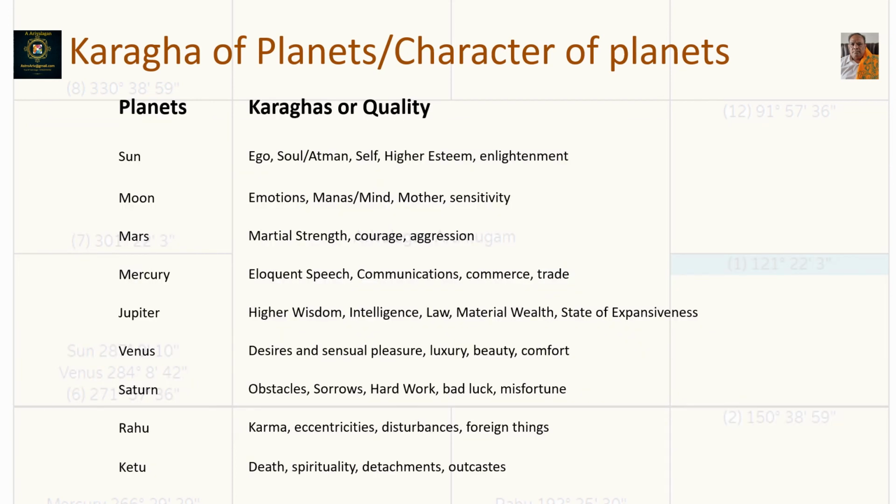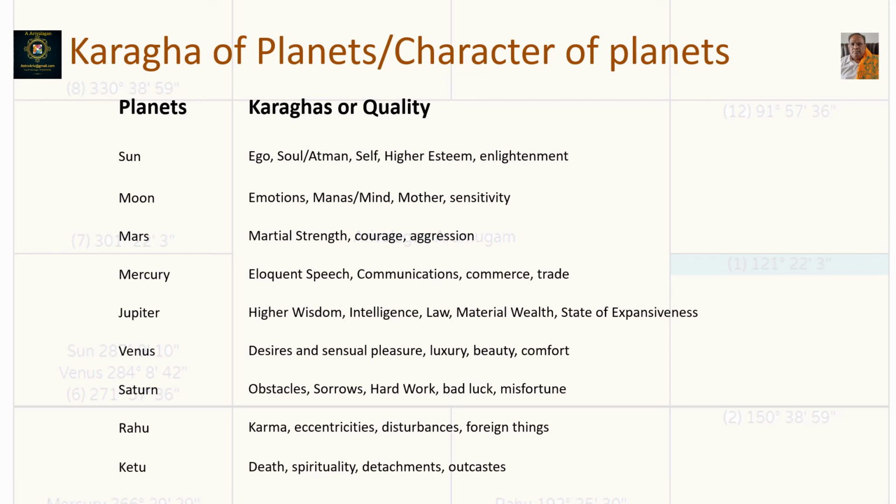Then the sun planet refers to ego and soul. Sun is the soul of the person, self, highest enlightenment. Moon refers to emotions and mind. It affects the mind and mother and sensitivity. Mars, strength, courage, aggression. Mercury, speech, communication, commerce and trade.